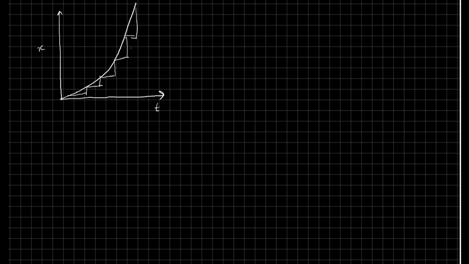So we're going to have a delta x here and a delta t, a delta x and a delta t, a delta x, a delta t, and for each of those points we can plot a corresponding value for the slope at those points.